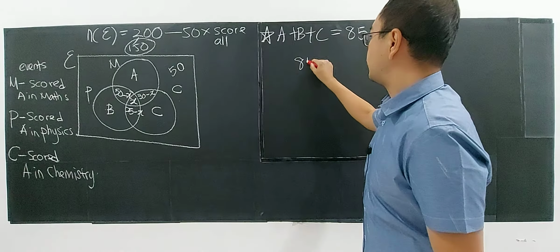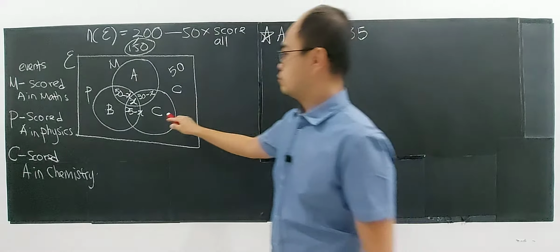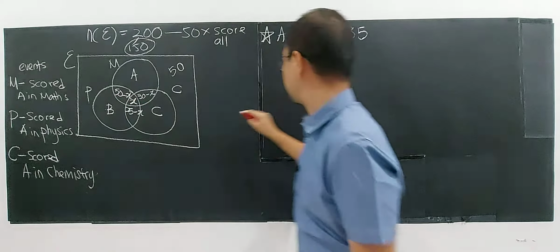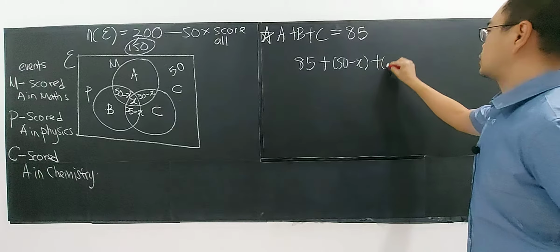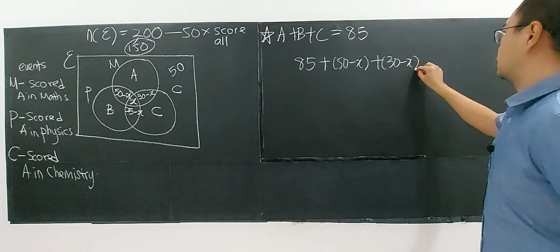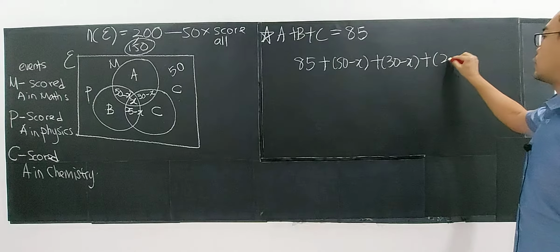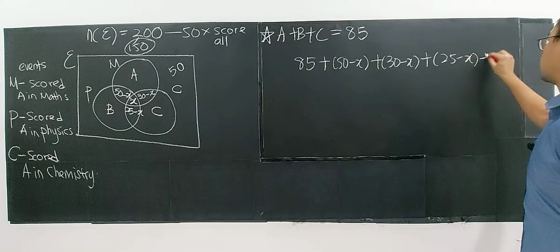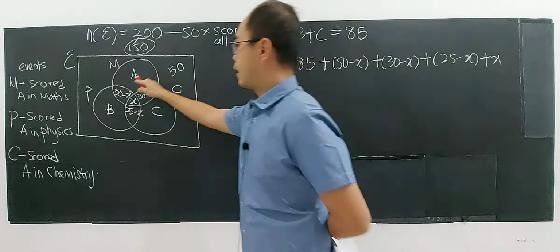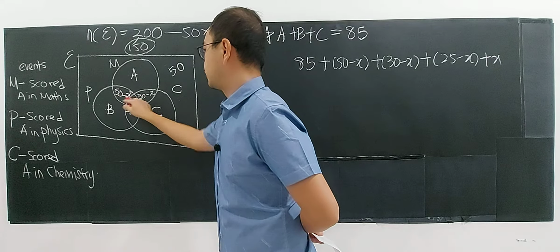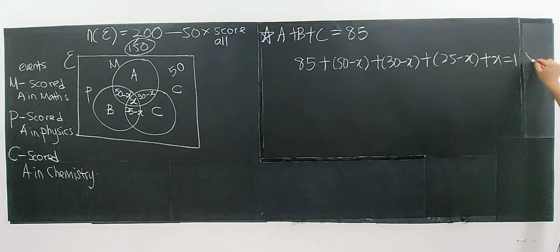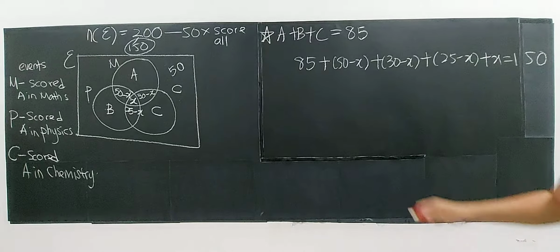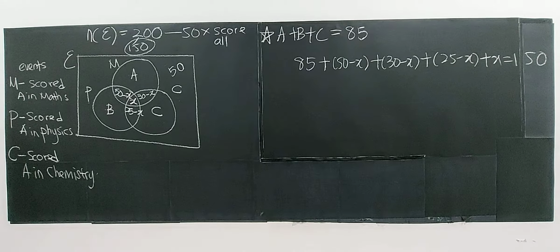That means 85 plus 50 minus x, plus 30 minus x, plus 25 minus x, plus x, everything. You add up everything here, including all of this, and the total must be 150 students. This is an equation that we get from the Venn diagram.